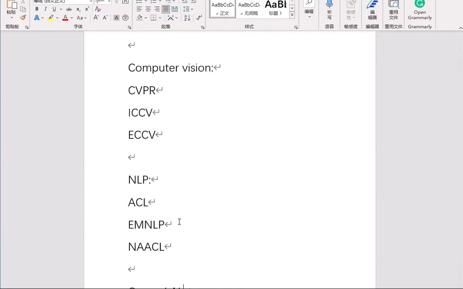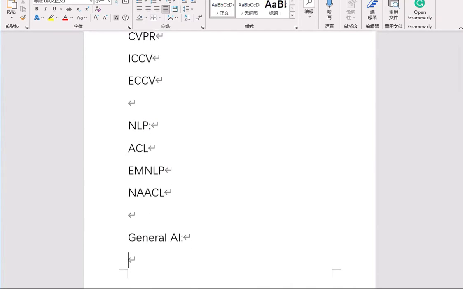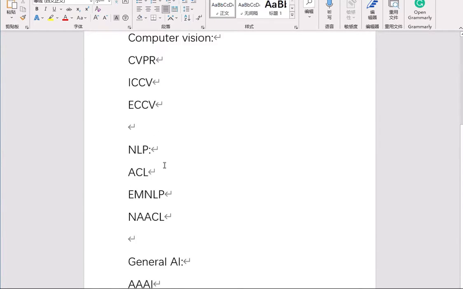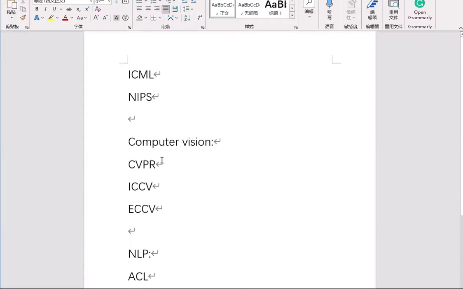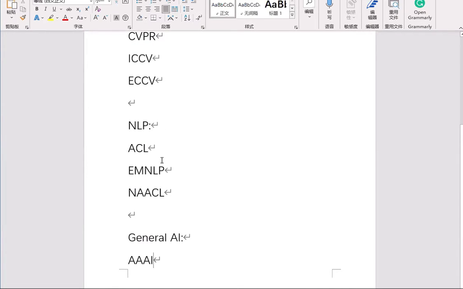General AI means some general AI problem. You can go to Triple AI, which is one of the biggest AI conferences in the world. So one source you can find the data set and the problems and the questions is from those top tier academic conferences.